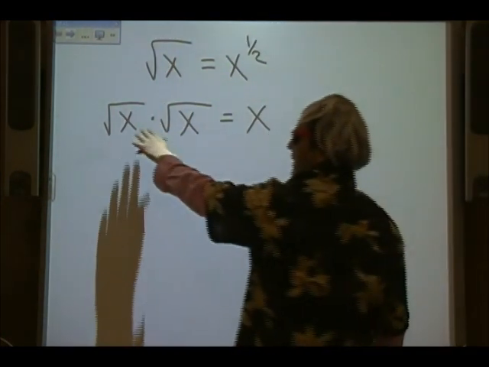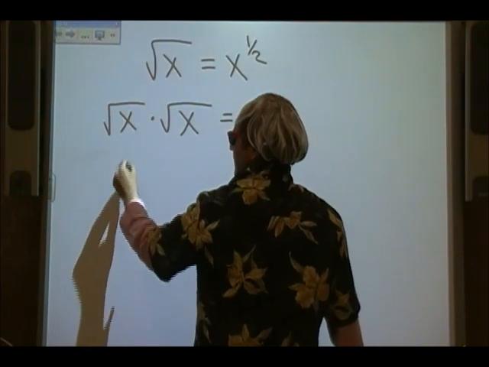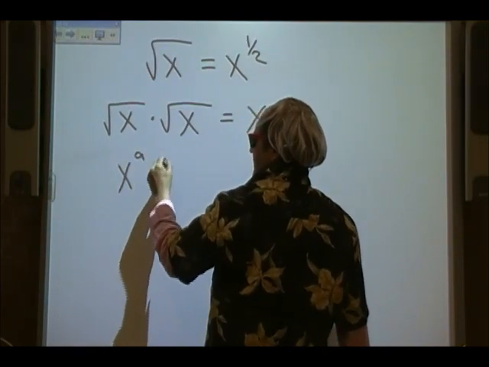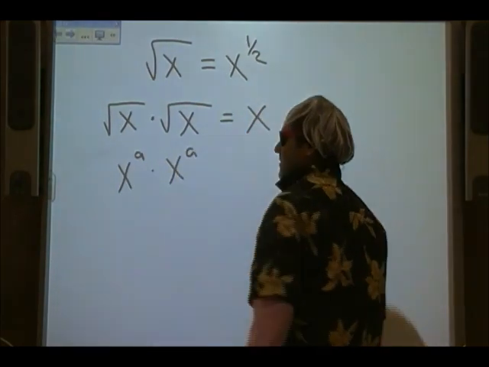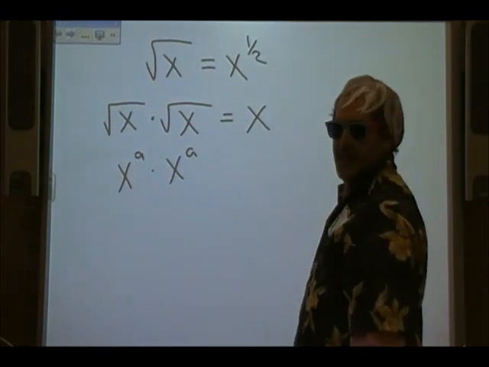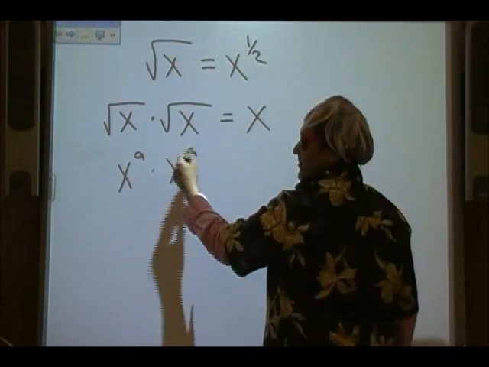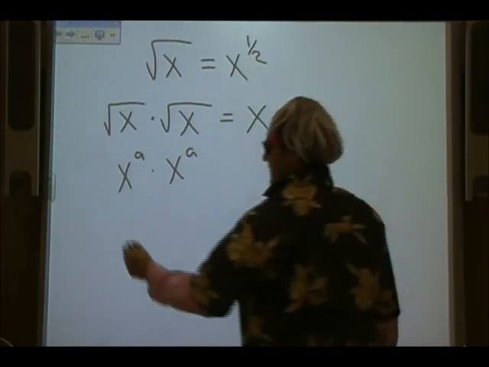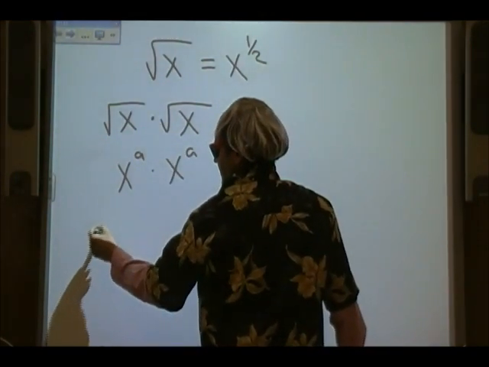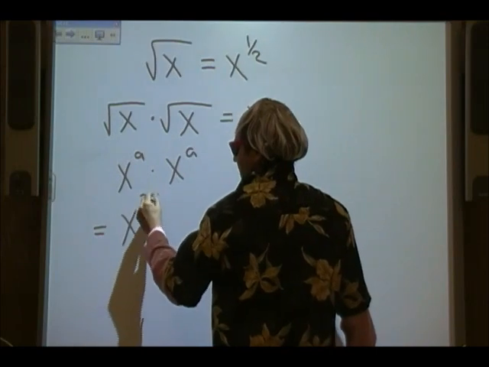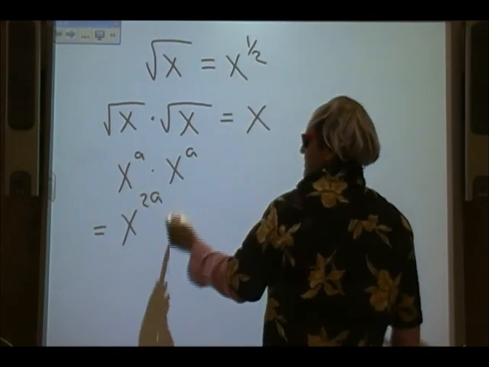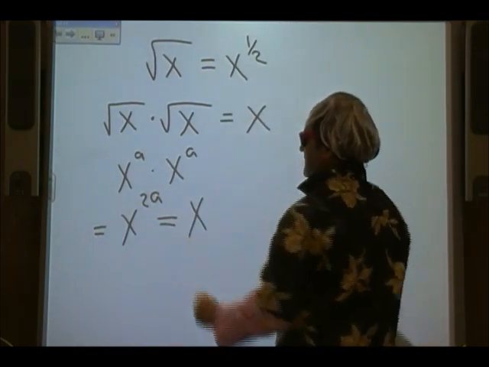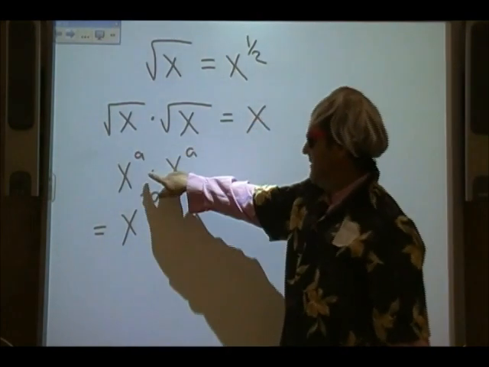Well, we want to know what this exponent is, so let's call it a. X to the a times x to the a. Well, what is x to the a times x to the a? We're supposed to do what when we multiply? We add the exponents. So a plus a is x to the 2a. And x to the 2a, we said was equal to x, right?